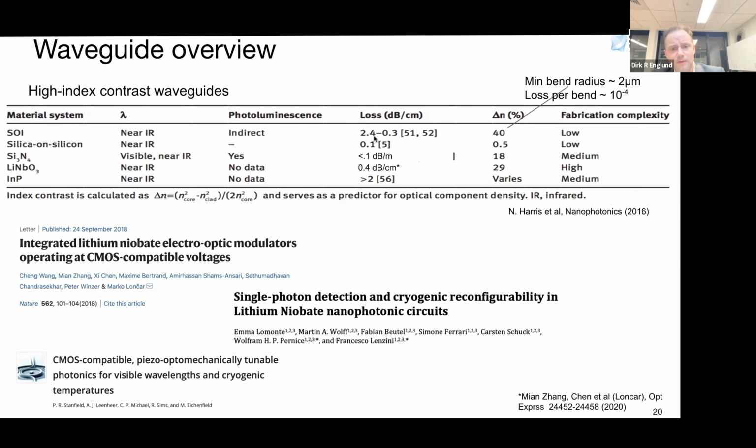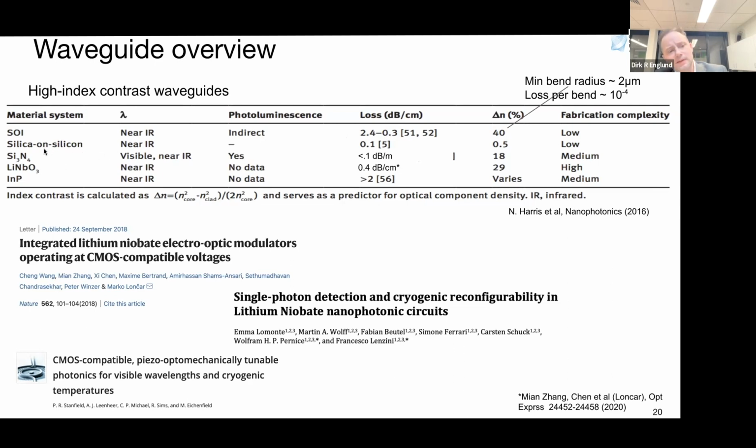The losses you can get nowadays in good foundry processes, like IMEC probably, are even lower than this, maybe 0.1 dB per centimeter. With that kind of structure, you can get a minimum bend radius of about 2 microns. So you can make really small structures because the refractive index contrast is so high.